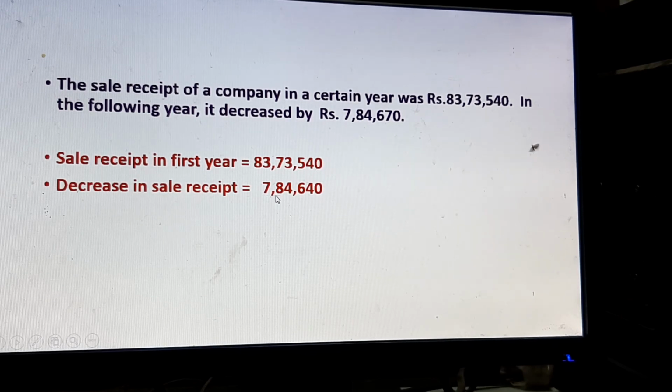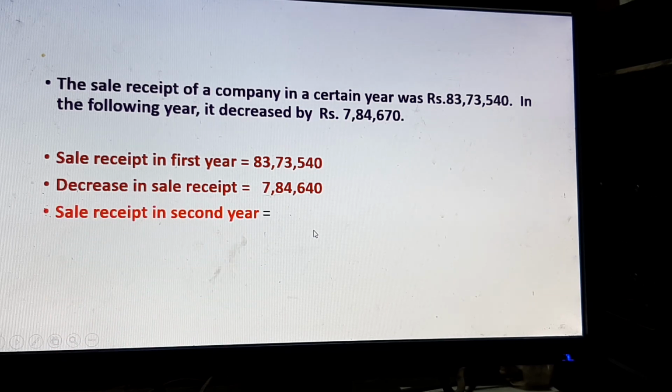Sale receipt decrease 7,84,640. So we have to find here in this question, just add to this question, what is the sale receipt for the next year. So that means what is the sale receipt for the next year? So sale receipt in the second year will be how much? What do you have to do? His sale has decreased by 7,84,640.